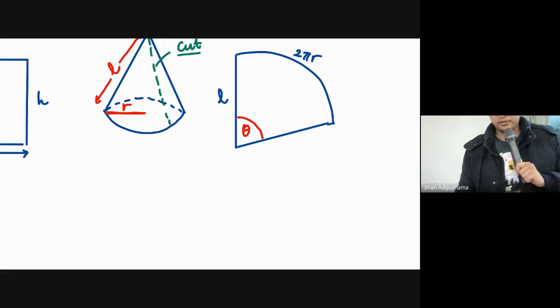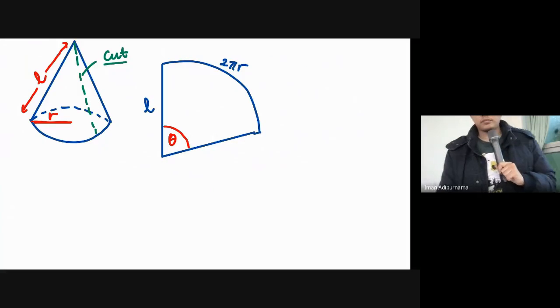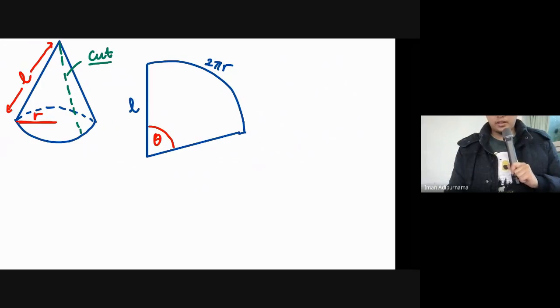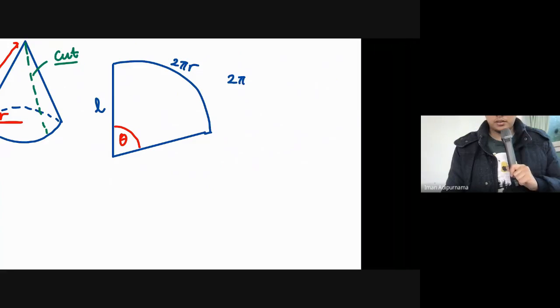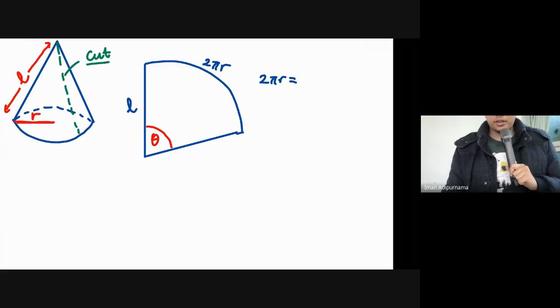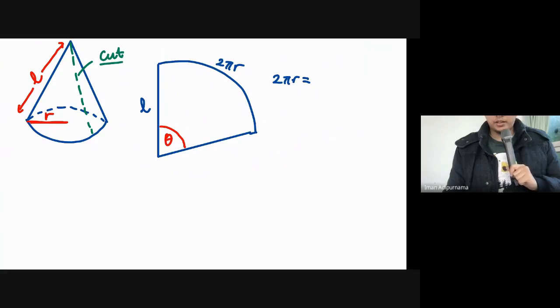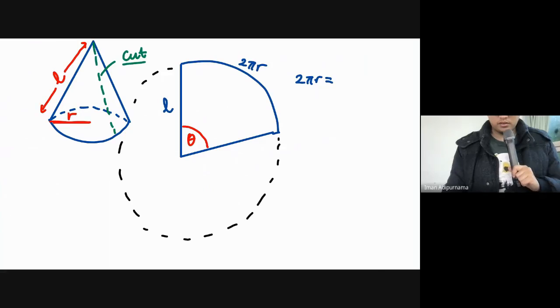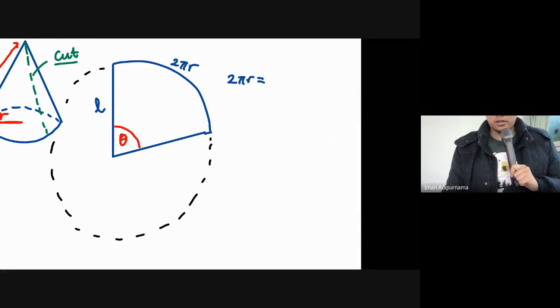It's the circle, right? And the length 2 pi r, if we imagine this is the big circle, is equal to L theta.